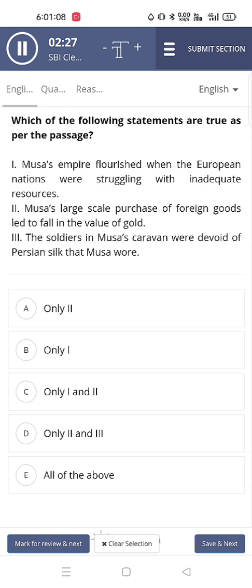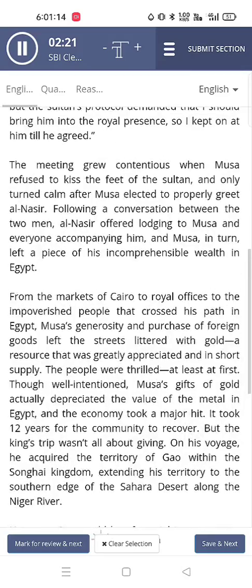Then third, the soldiers in Musa's caravan were devoid of the Persian silk that Musa wore.